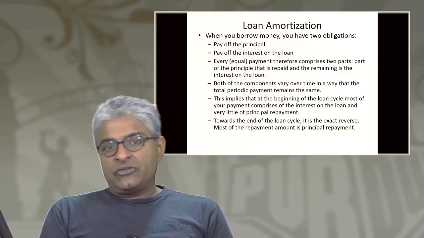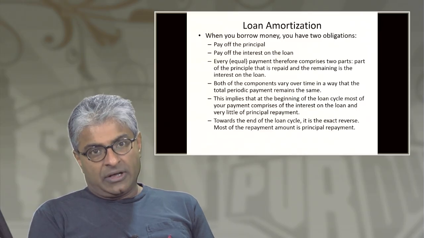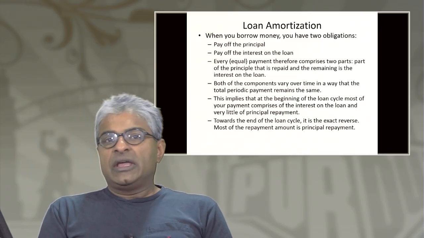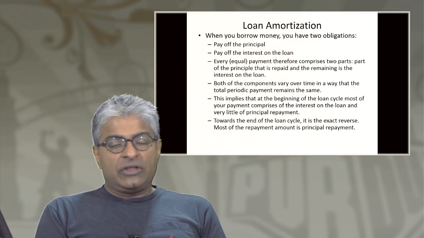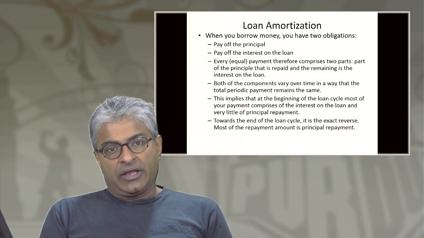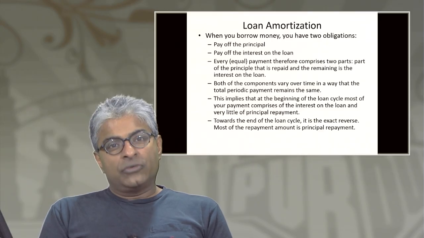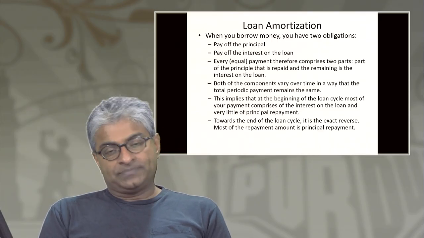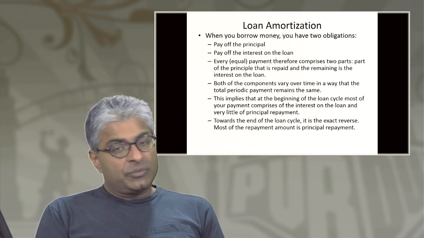Now, there are interesting consequences of this phenomenon, because in the beginning, you're not really paying off much of the principal. You are mostly paying interest. Towards the end, you're mostly paying off the principal.